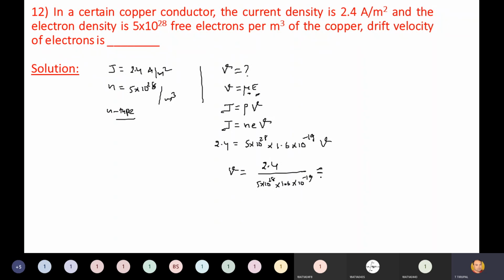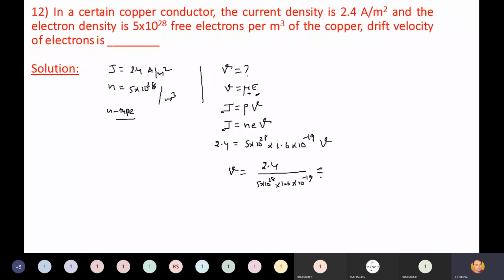So in the GATE exam, fill in the blanks will also be there. So please be careful with the answer and limit your calculator to 2 digits after the point, and your answer should be very correct.